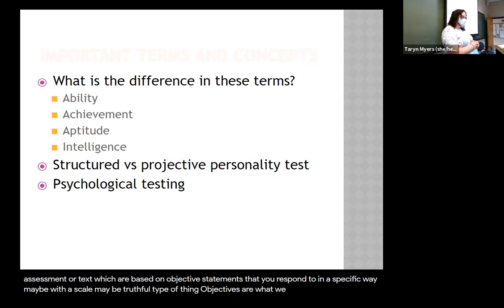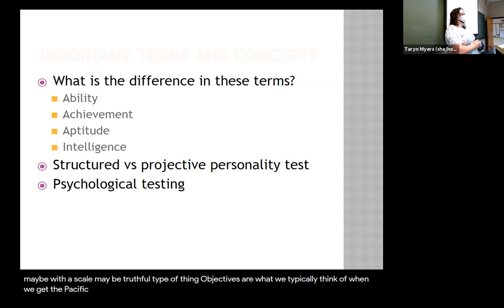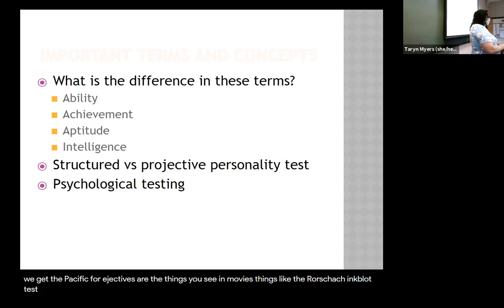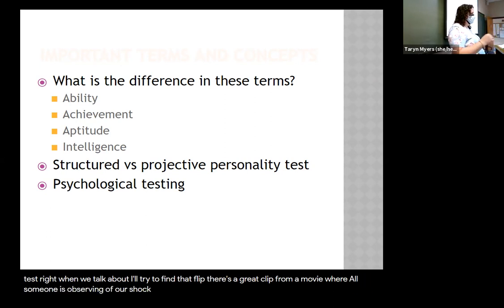Projectives are what we typically think of when we think of assessment. Projectives are the things you see in movies, things like the Rorschach ink test, right? When we talk about that, I'll try to find the clip. There's a great clip from a movie where, while someone is observing a Rorschach, the prisoner says, "Oh, it's a fluffy bunny rabbit," and things like that.